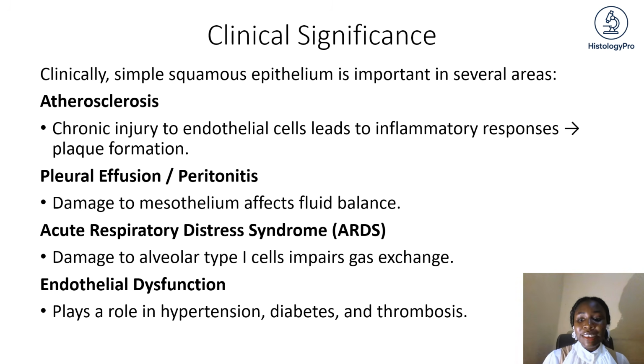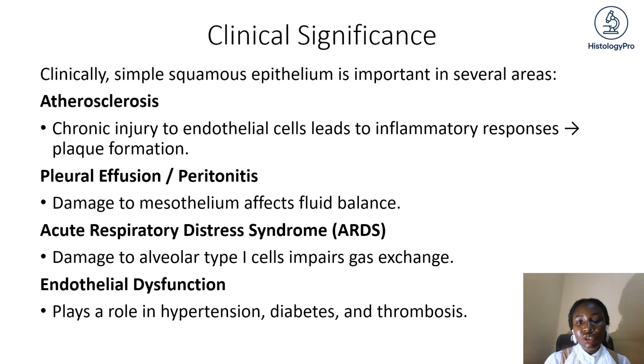We'll be looking at some disease conditions. One is atherosclerosis. Chronic injury to the endothelial lining of the blood vessel triggers inflammation, which leads to lipid deposition and plaque formation, which narrows the vessel lumen and impairs blood flow.